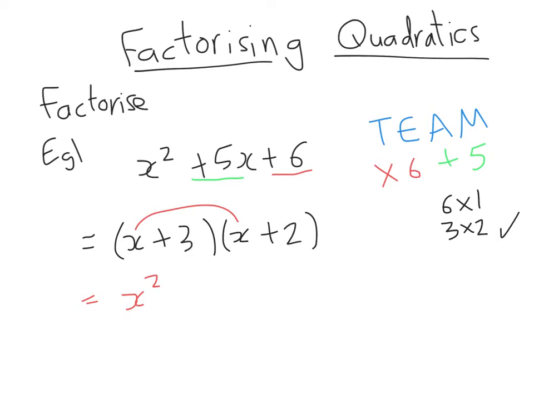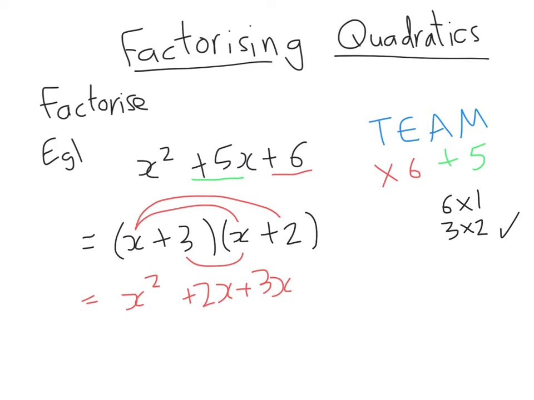And why does that work? Well, when we expand out our bracket, the x will be multiplied by 2 to give a 2x. The 3 will be multiplied by x to give a 3x. And altogether, those two numbers, the 2 and the 3, add to give the 5x. So that's why we had the add to give 5.